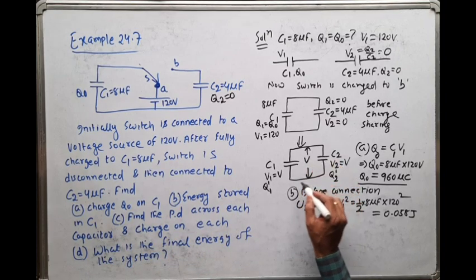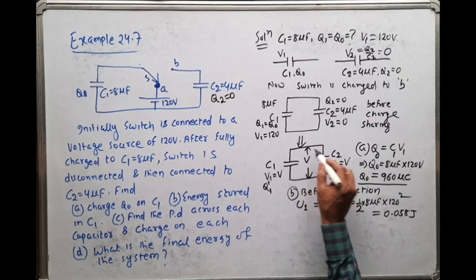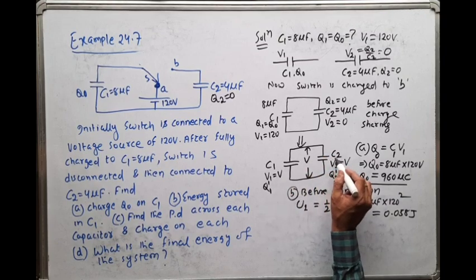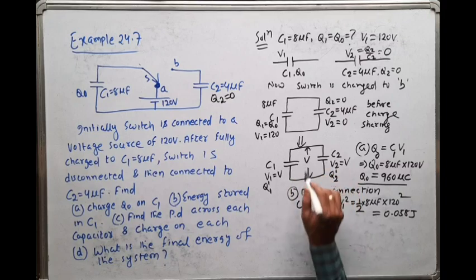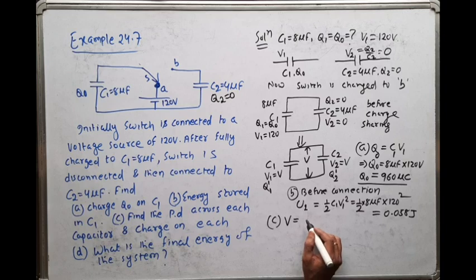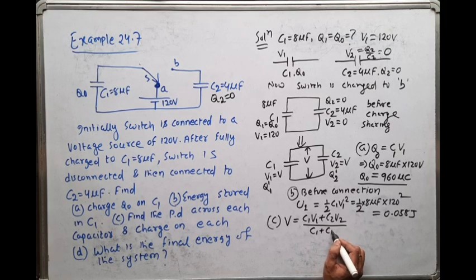Then find the potential difference across each capacitor and charge on each. So after the combination, that is after sharing the charge, what will be the voltage across C1 and across C2? That voltage is nothing but the common potential. We have derived the formula of common potential: C1 V1 plus C2 V2 divided by C1 plus C2.